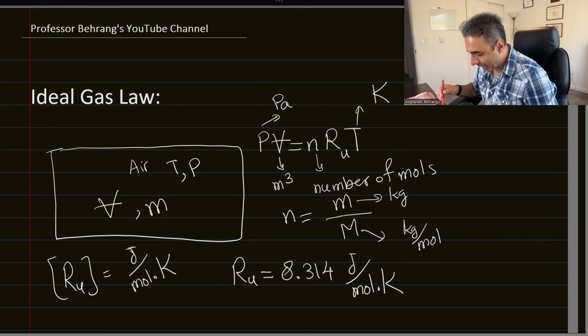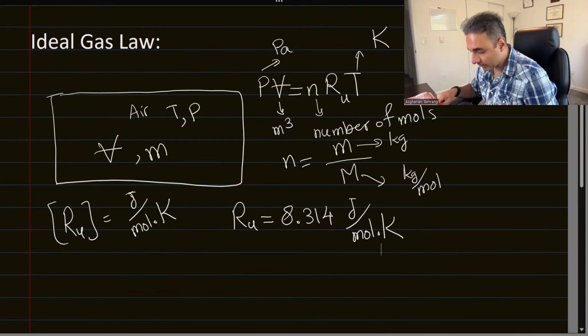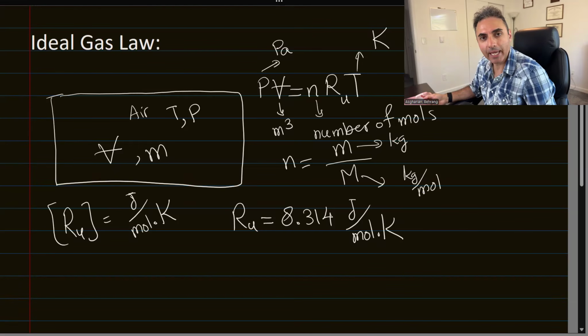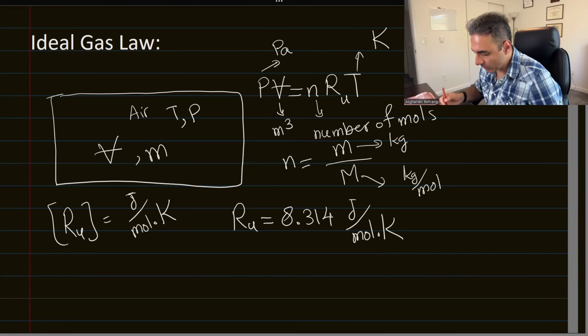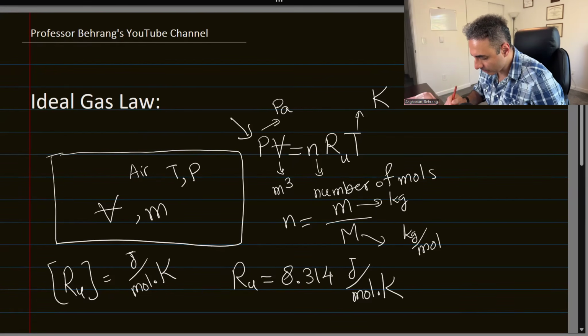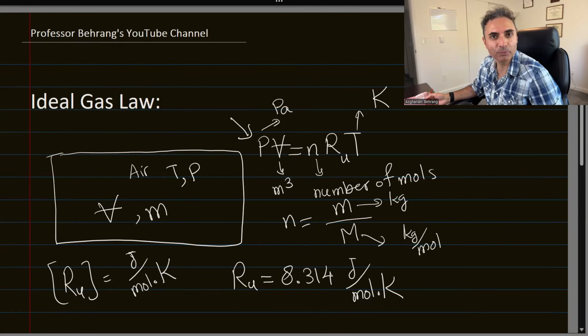Okay, good. Now, there is one more thing that I need to mention. In ideal gas law, you can never use gauge pressure. So when we talk about pressure, which is this term here, you have to use absolute pressure. You do not use gauge pressure.